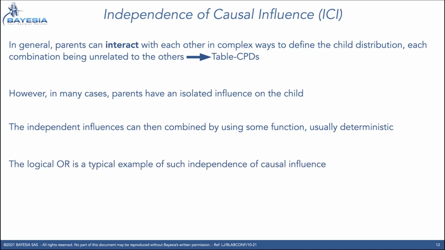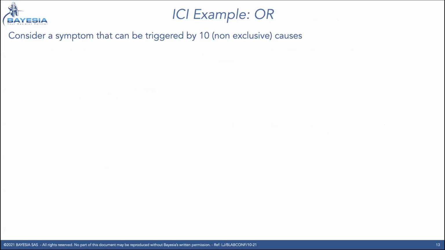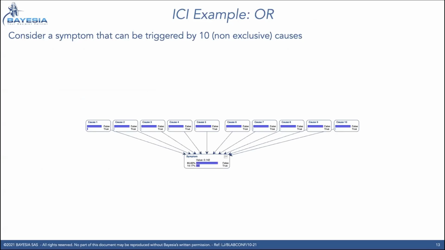And I'm going to start with a very classical example. This is a logical OR, right? So this is a perfect example for illustrating independence of causal influence. And here, this is a scenario where I have 10 causes, all Boolean, right? And a symptom.